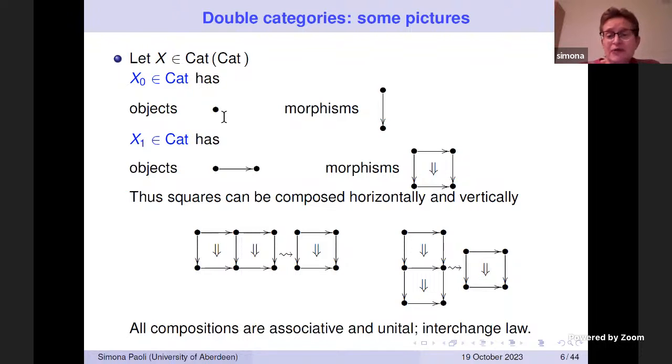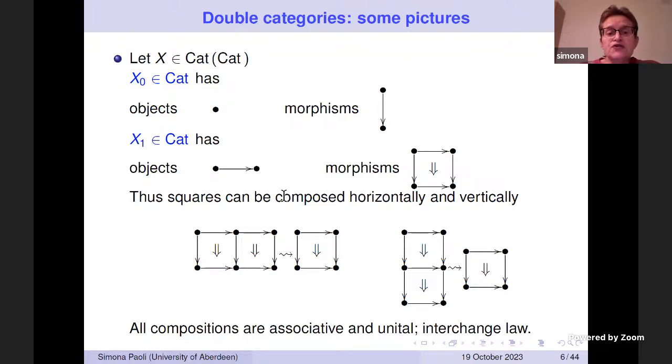In elementary terms, you can think of double categories as having objects, vertical morphisms, horizontal morphisms, and squares. X_0 is a category, so the vertical morphisms can be composed vertically. Correspondingly, you can vertically compose your squares, and you can also horizontally compose everything.